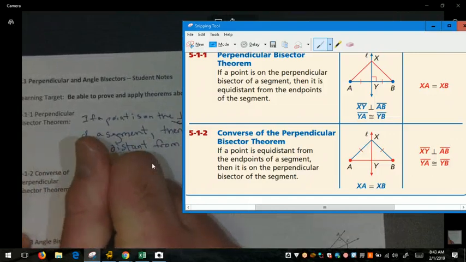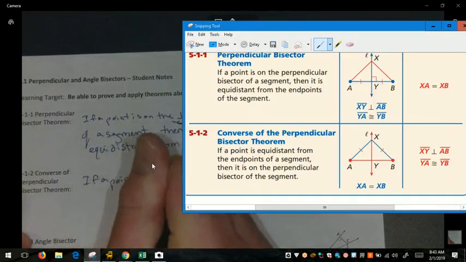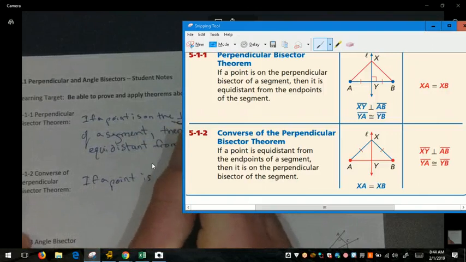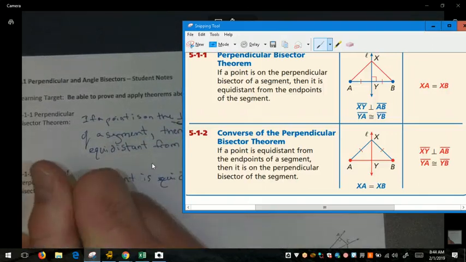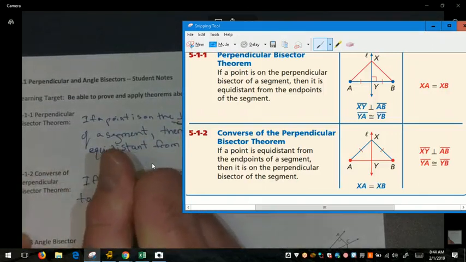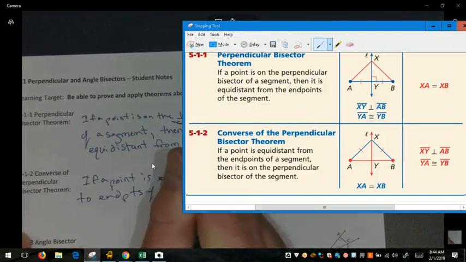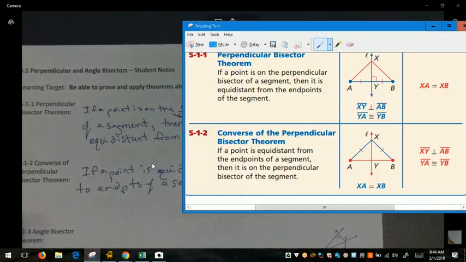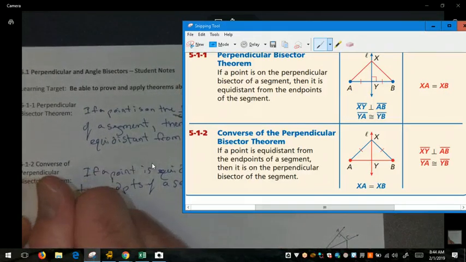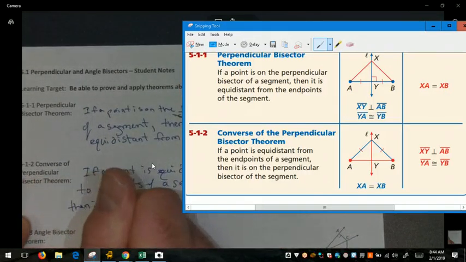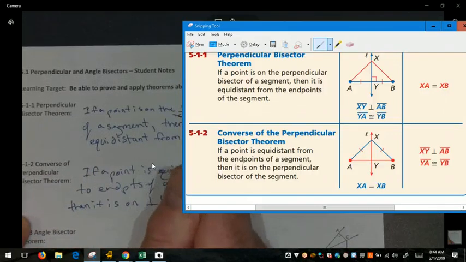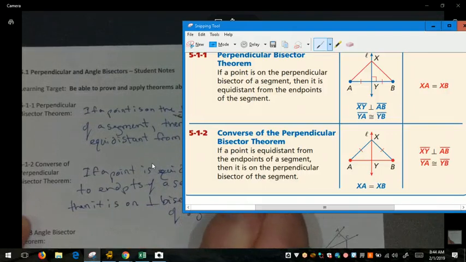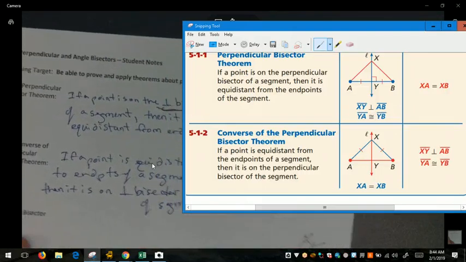So if a point is equidistant to the endpoints of a segment, then it is on the perpendicular bisector of the segment. I'll leave that up yet again.